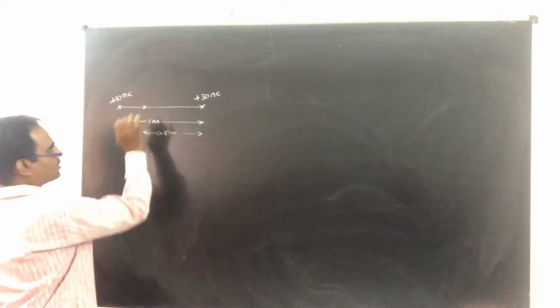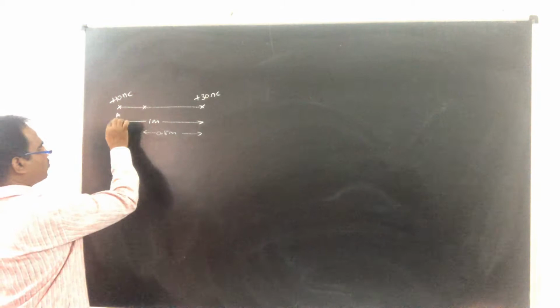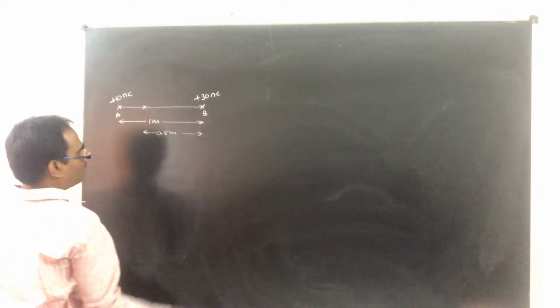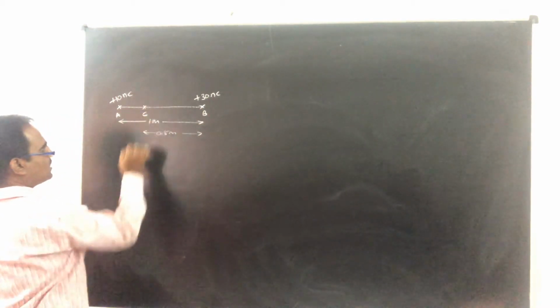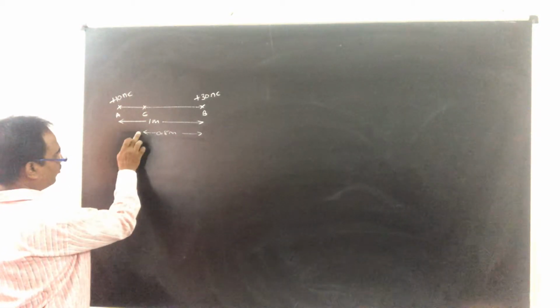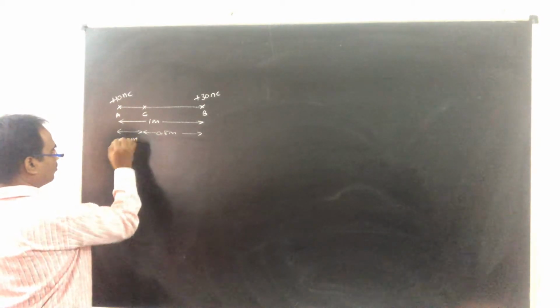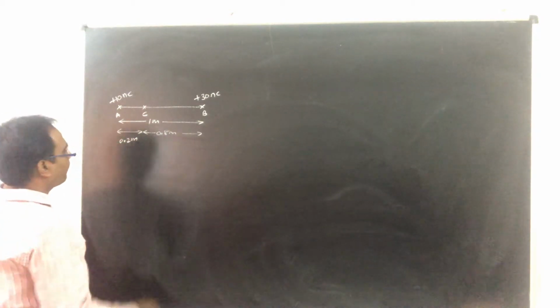We consider this point to be A, this point to be B, and this is C. When this is 0.8, the remaining distance will become 0.2 meter.